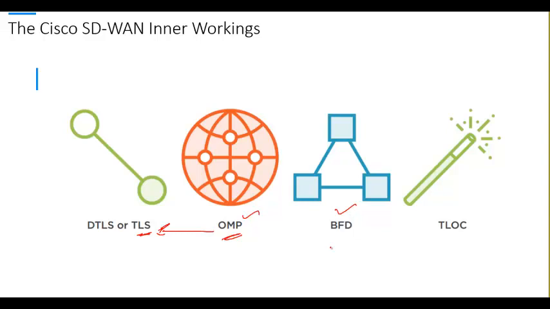This protocol will measure, every now and then, the liveliness and the quality of the path. So when a link goes down or comes up, BFD is going to notify. For many of you, BFD is a protocol that runs with OSPF, BGP.